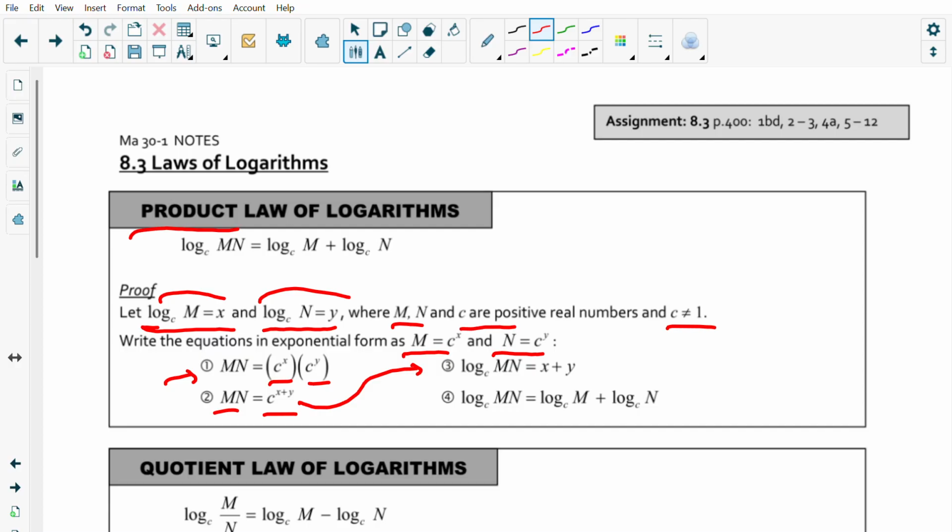Okay, and then for the last step, log base c of m times n equals log base c of m plus log base c of n. So I'm doing this.